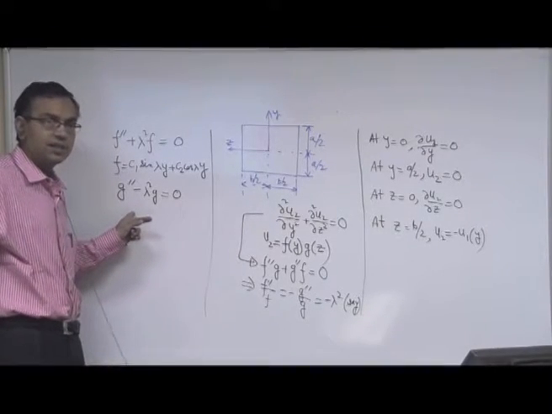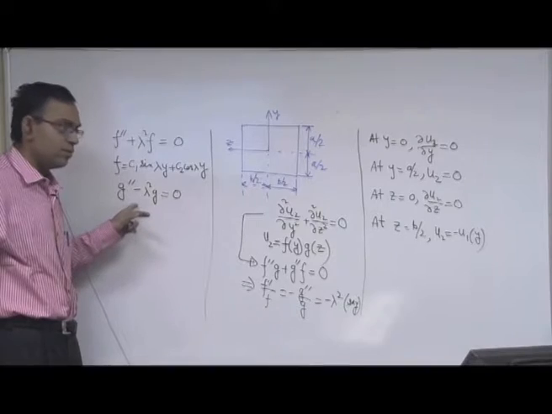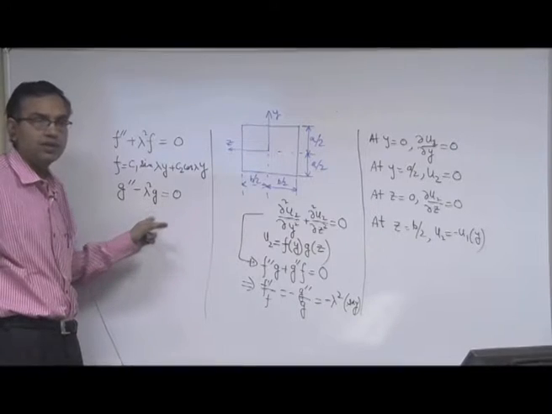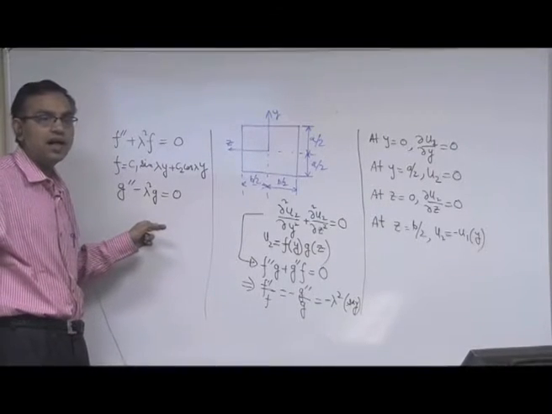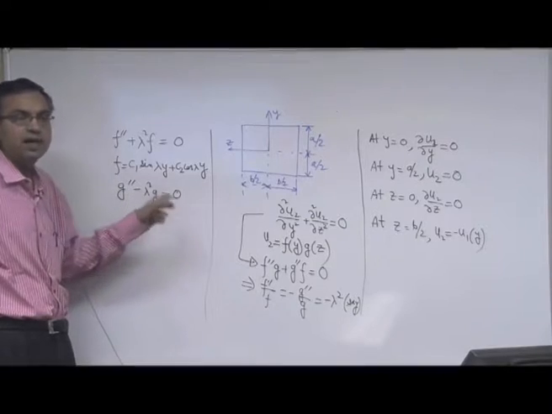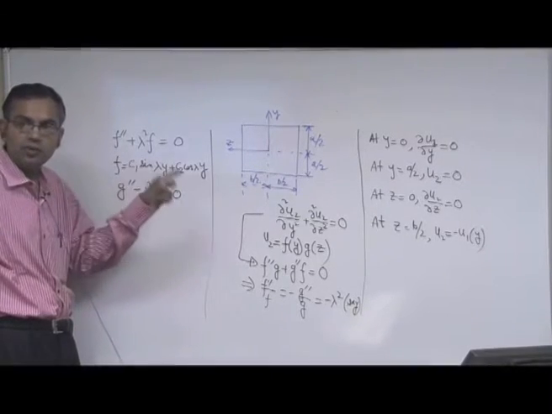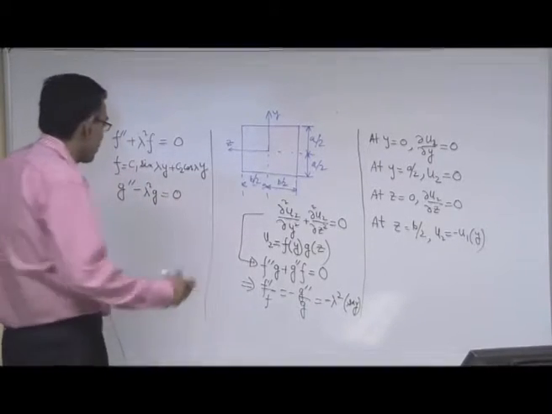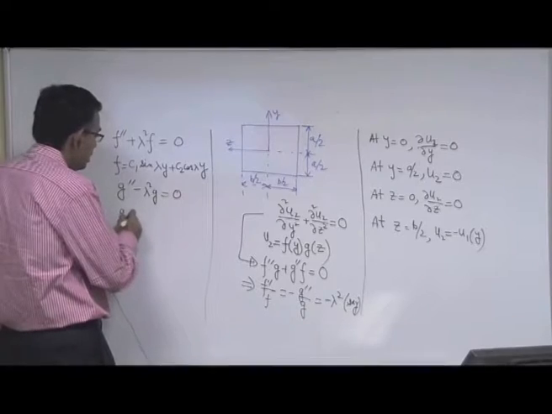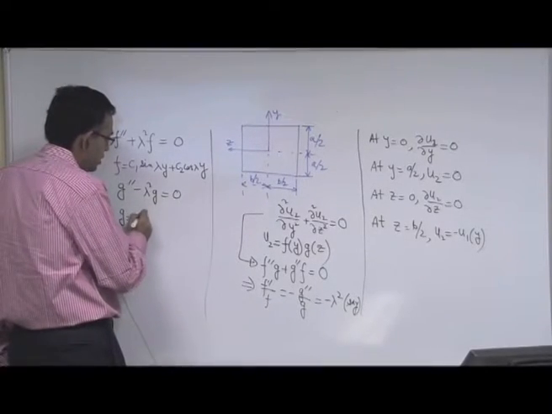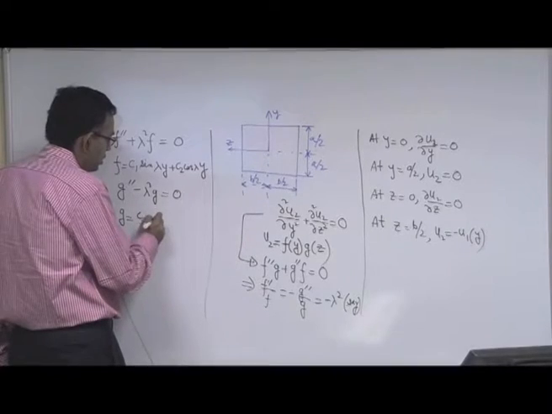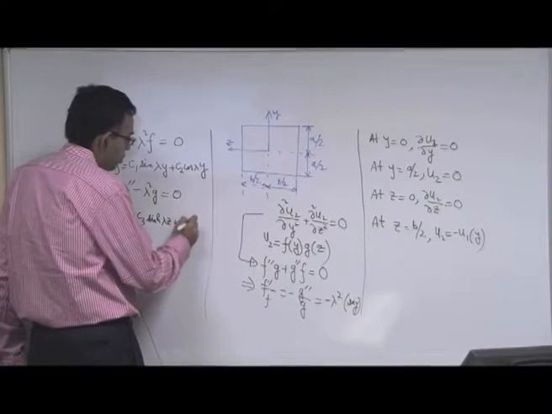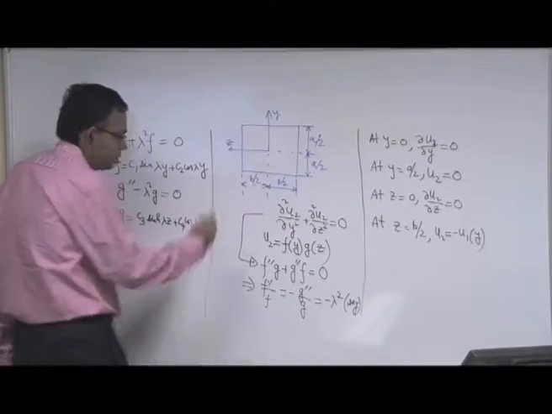So the solution is e to the power plus lambda z and e to the power minus lambda z, the linear combination of that. So that we can equivalently write as a combination of cos hyperbolic and sin hyperbolic, because cos hyperbolic and sin hyperbolic is again a linear combination of exponential plus and exponential minus. So G is equal to say C3 sin h lambda z plus C4 cos h lambda z.